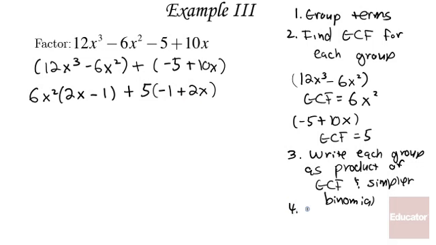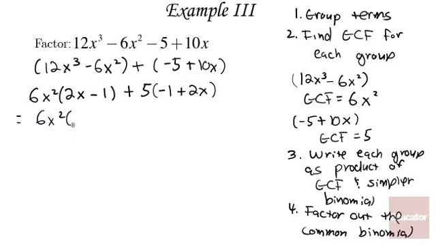Now I want to factor out the common binomial. So I'm looking at this, and I actually do have a common binomial. This second one is just written in the opposite order of the first one. So I'm going to rewrite that a bit differently so I can easily see what I have. Instead of writing negative 1 plus 2x, I'm just going to write 2x minus 1.